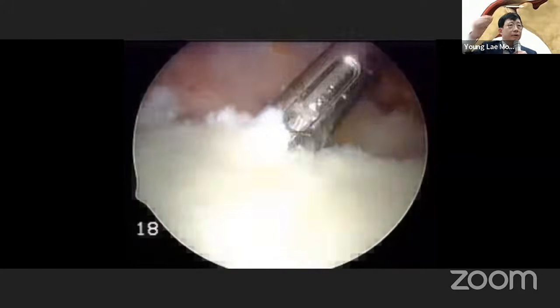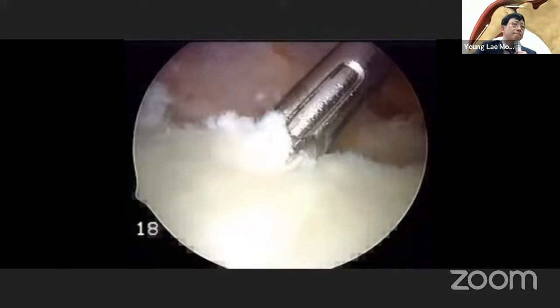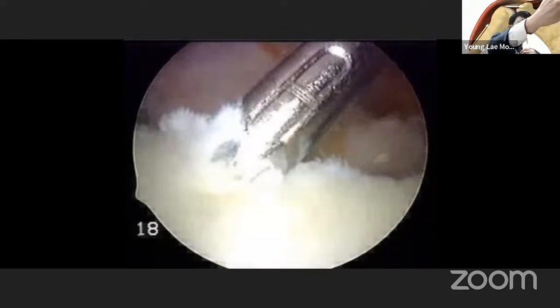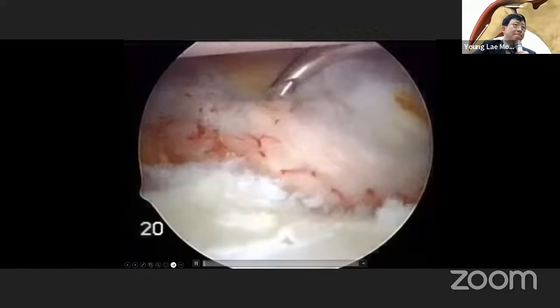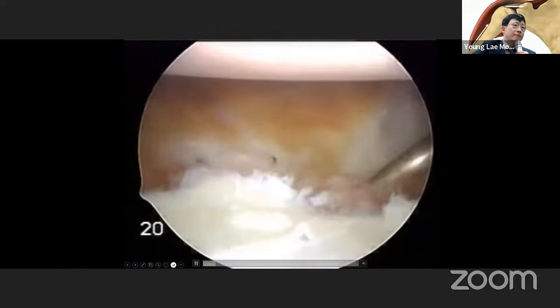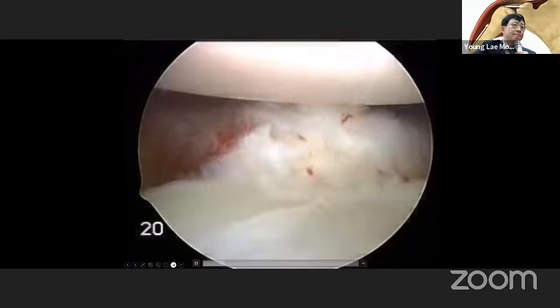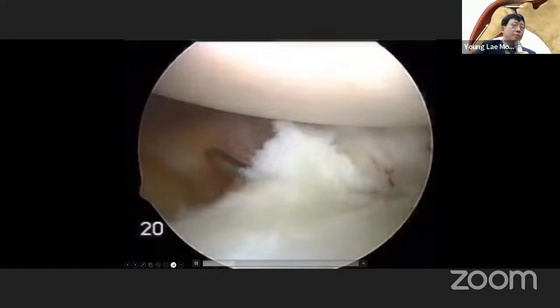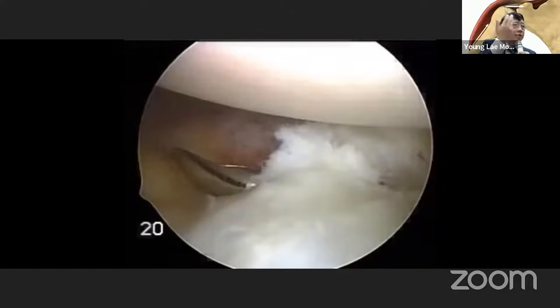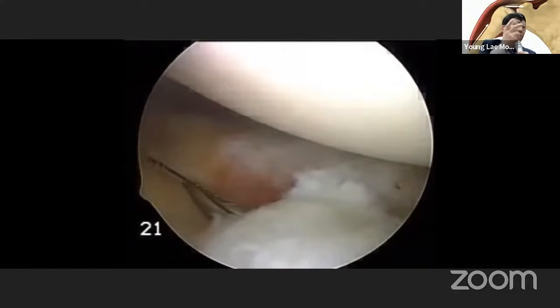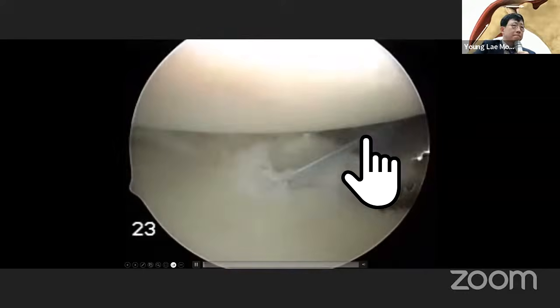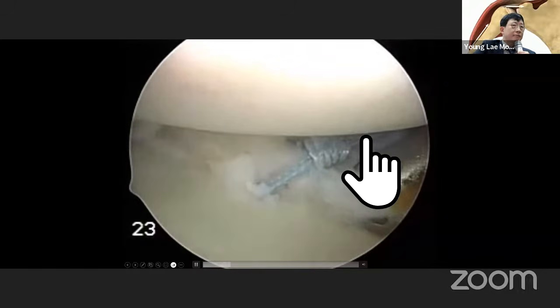Then having a pilot hole, usually more in the articular side to obtain more advancement. And having a suture, we need to obtain as much capsular component simultaneously. And tie down.